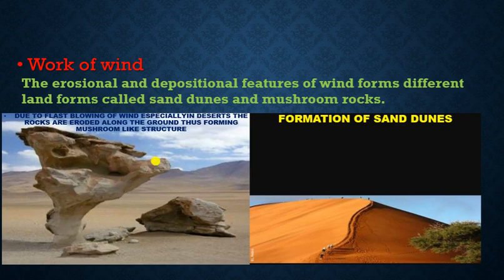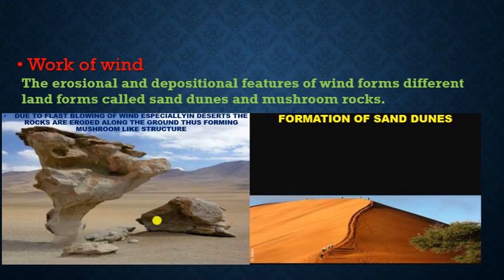When wind blows, it blows at a very fast speed. Along the ground, this wind carries with it a tool in the form of sand particles. When these sand particles collide with these rocks continuously, they create a lot of erosion along the ground of these rocks. That's how this mushroom type structure is created.